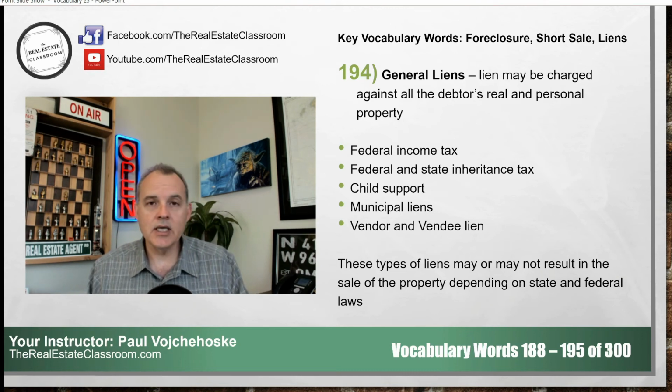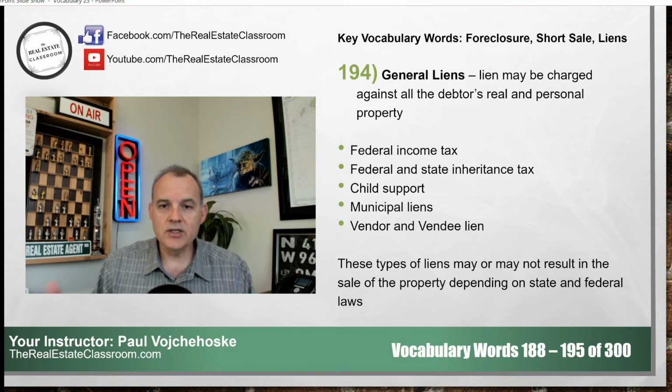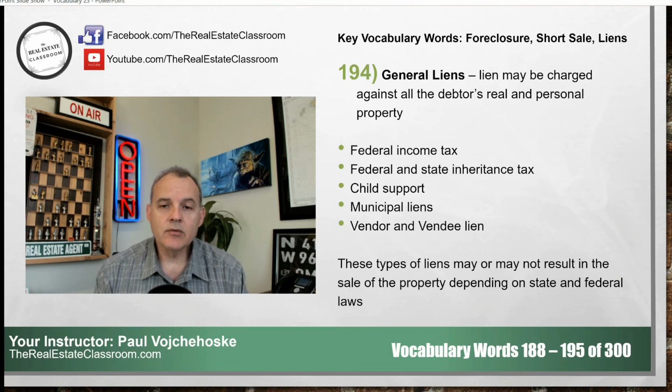That included liens against his real property, his personal property, garnishments of wages, etc. But some common examples of general liens, again, depending on the situation, it can be federal income tax. Now, there are cases when federal income tax liens are specific as well, but generally they're general liens. Federal and state inheritance taxes, child support, municipal liens, vendor and vendee liens, that means land contracts.